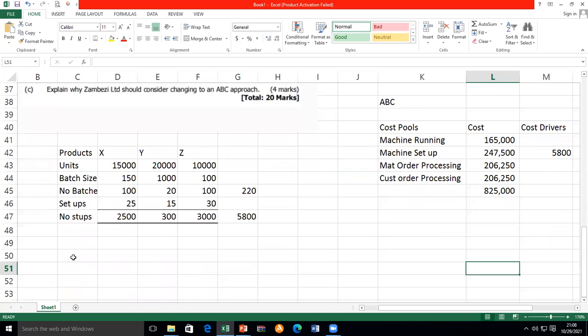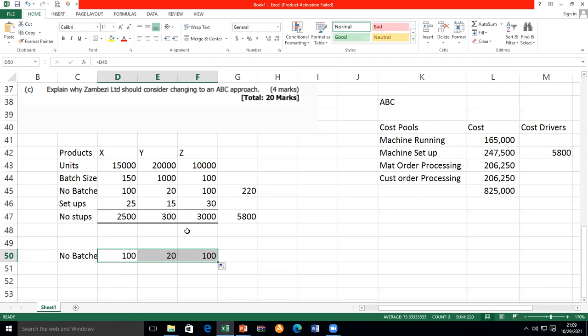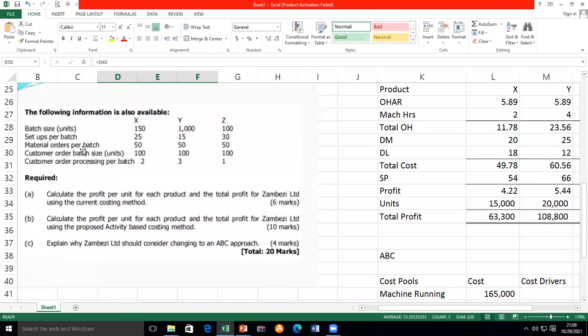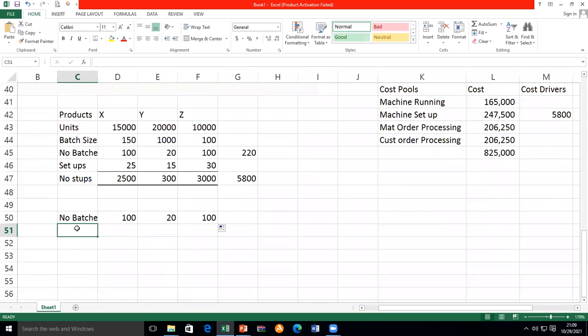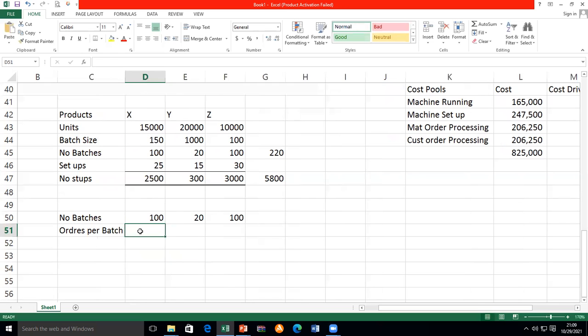So you come here again, you say, okay, number of batches. You pick the number of batches. How many batches do you have? These are the number of batches that you have. Second, material orders per batch.